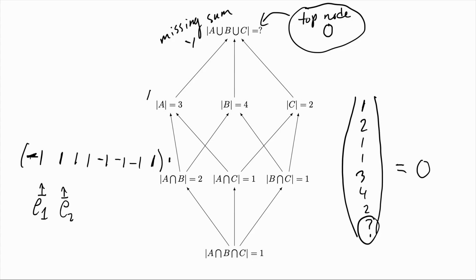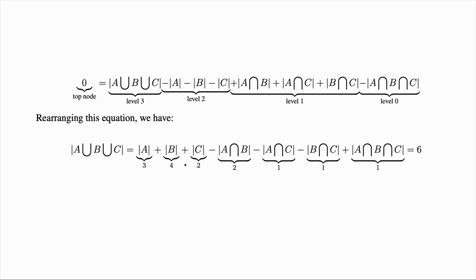So we can think that level gets the contribution of, well, right here, aha, the calculation, top node is 0. Right here, from that level we get negatives. From the next level we get positives. And the bottom level we got a negative contribution. The top level was a positive contribution.